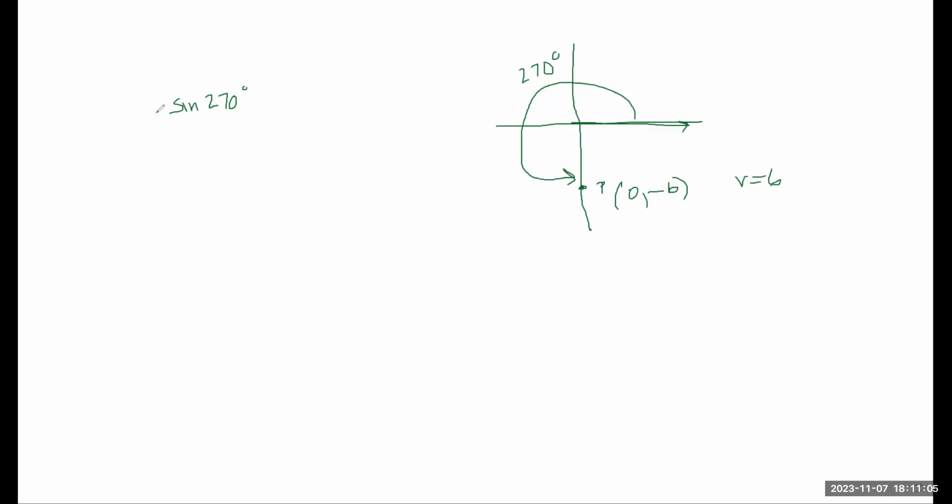As long as we know the sine is the y over the r, the cosine is the x over the r, and we know the point you gave us. And the tangent is the y over the x.